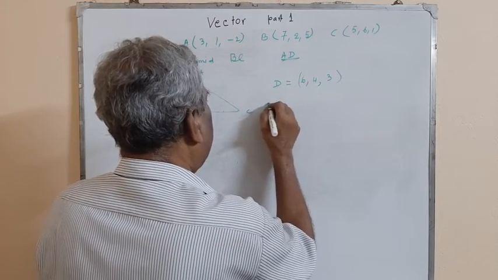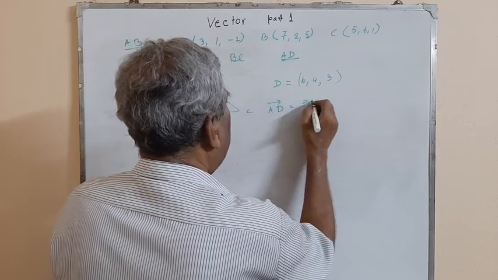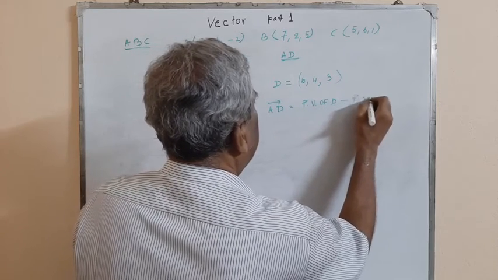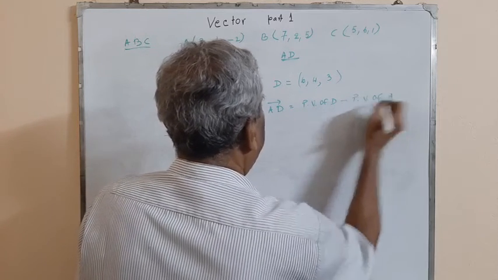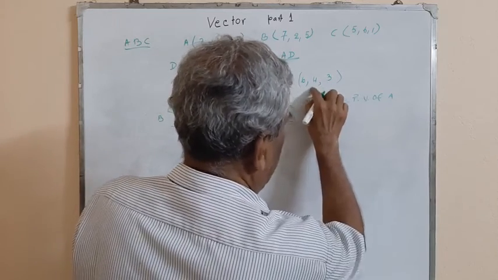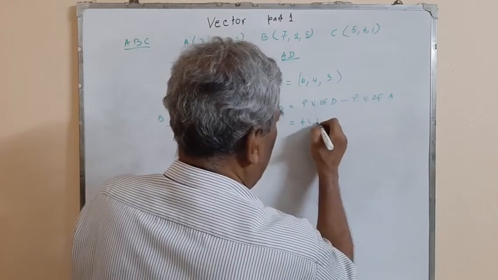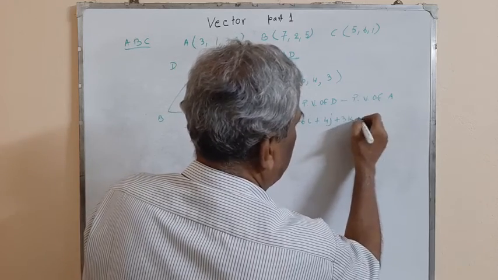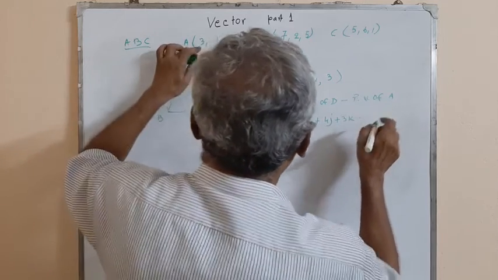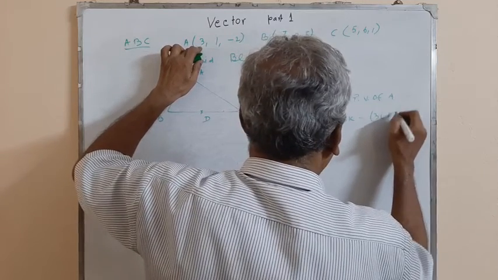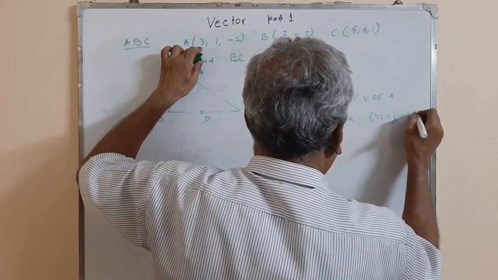AD vector is position vector of D minus position vector of A. Position vector of D means 6i plus 4j plus 3k minus that of A, 3i plus 1 into j minus 2 into k.